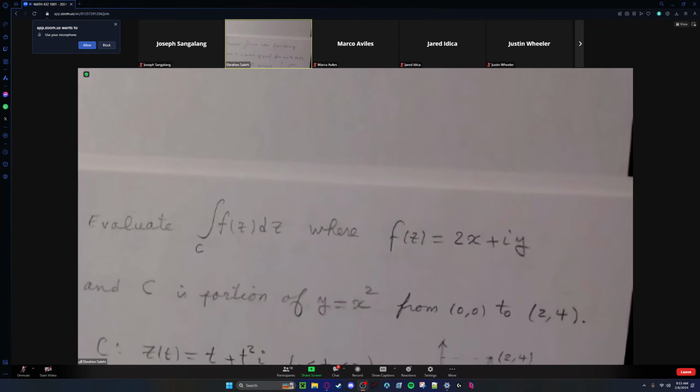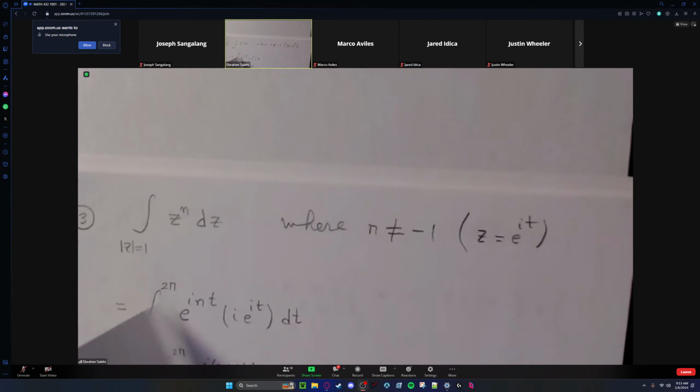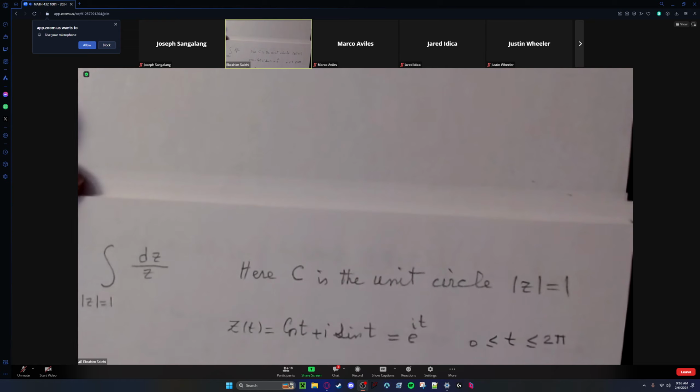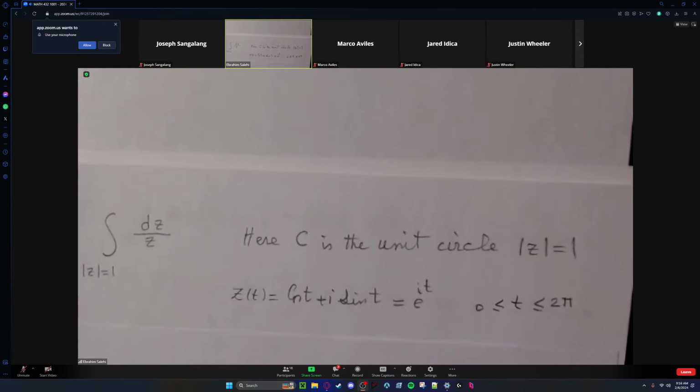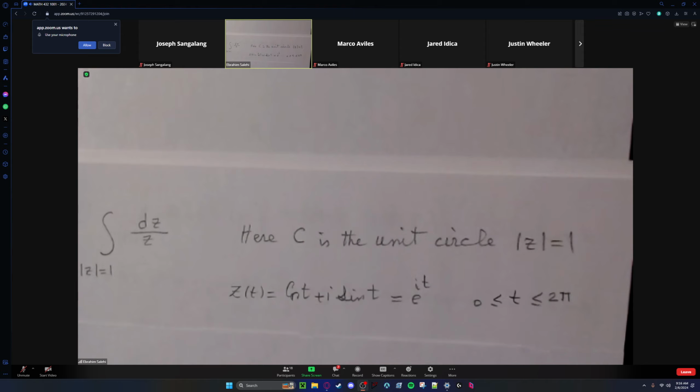Now I need to give you more examples, especially very important examples. Here is another one that we really love and we will use a lot. This is something that you definitely should memorize.